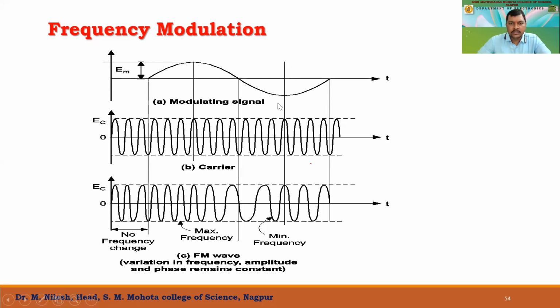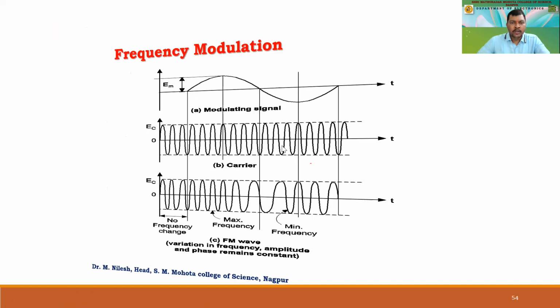Now here, since the amplitude of this modulating signal is decreasing, there will be a change in frequency, which is shown over here. This portion shows the minimum frequency, and this portion shows the maximum frequency. So there is a change in the frequency of the carrier with respect to the amplitude of the modulating signal. That is called frequency modulation. We have studied this earlier also.